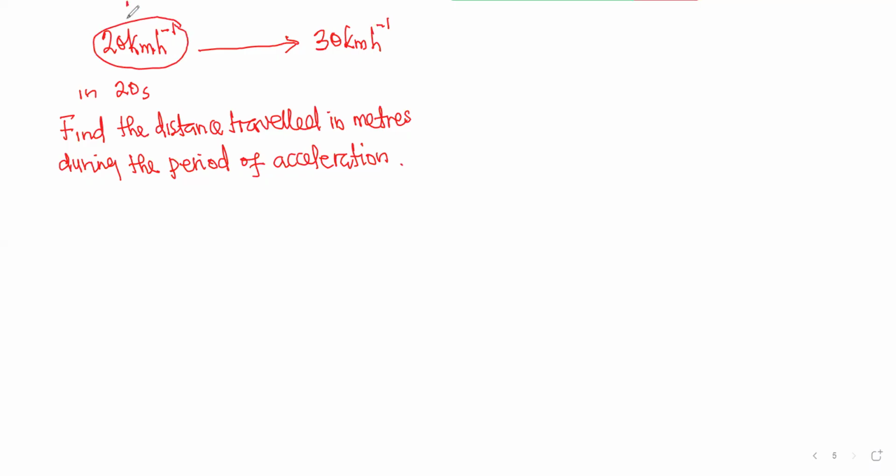So this is the initial speed, and this is the final speed V. Moving at 20 kilometers per hour, accelerate to a speed of 30 kilometers per hour in 20 seconds, meaning this acceleration happened within a time of 20 seconds. Find the distance traveled in meters during the period of acceleration.